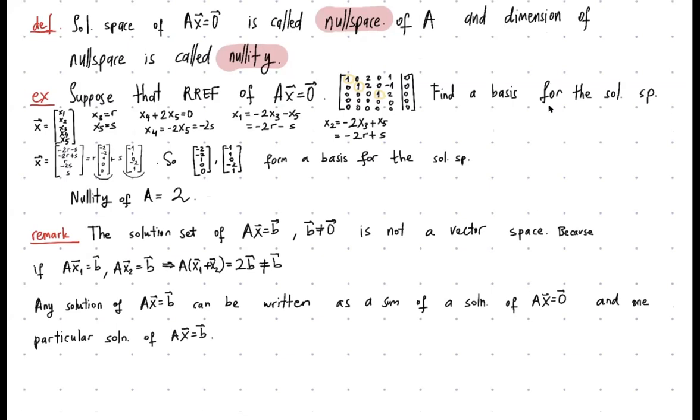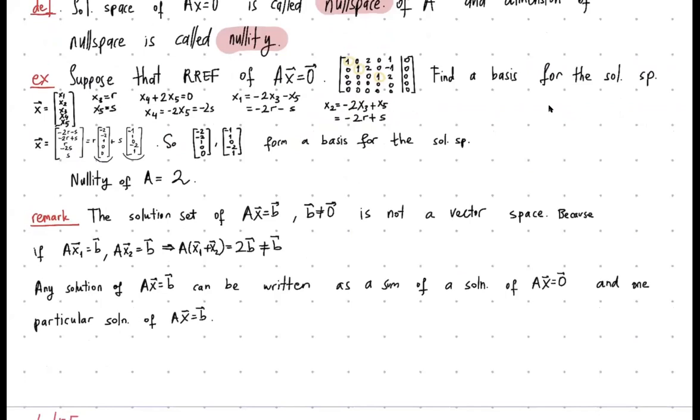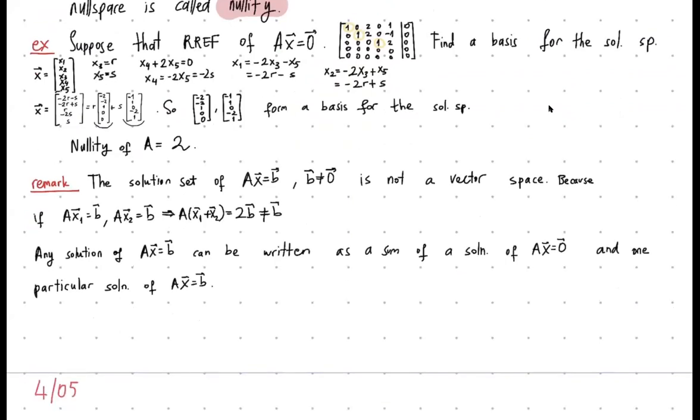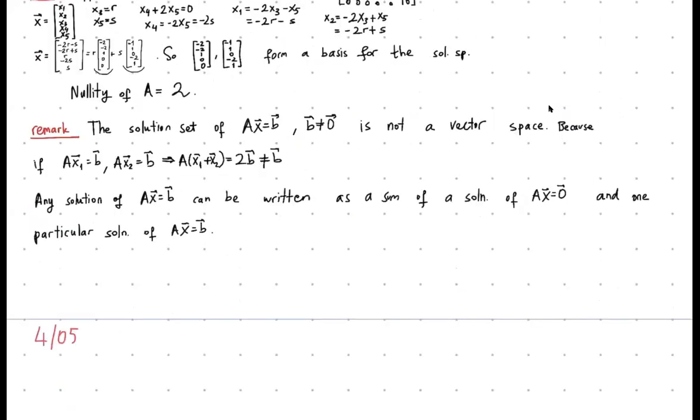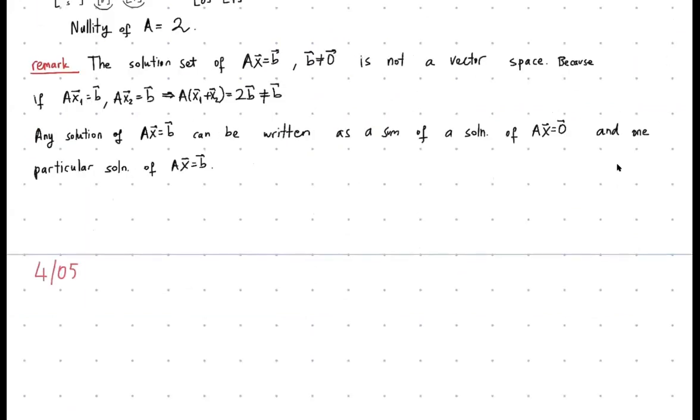So we can find the nullity of A. And for non-homogeneous systems, if the right-hand side is not the 0 vector, then the solution set is not a vector space, unlike the homogeneous case. In the non-homogeneous case, the solution set is not a subspace. That's what we did.